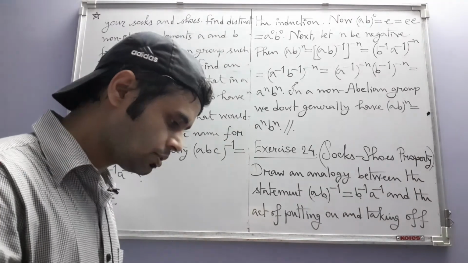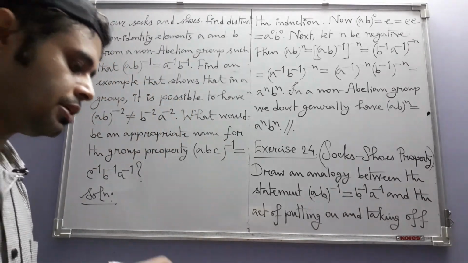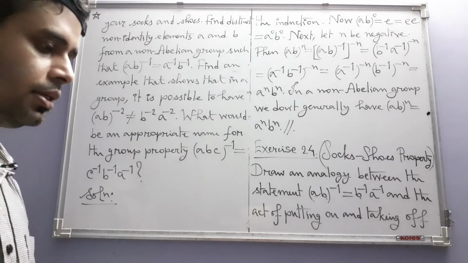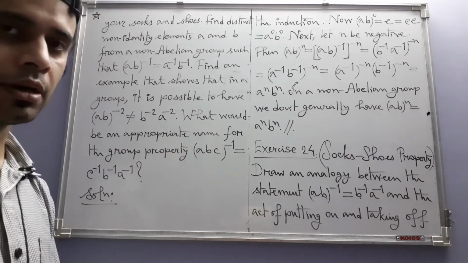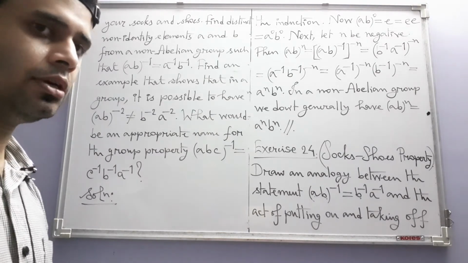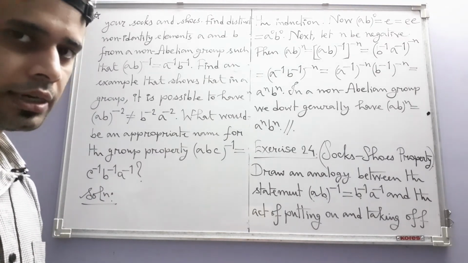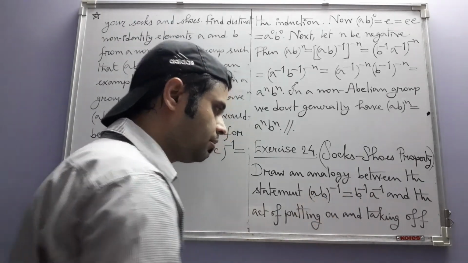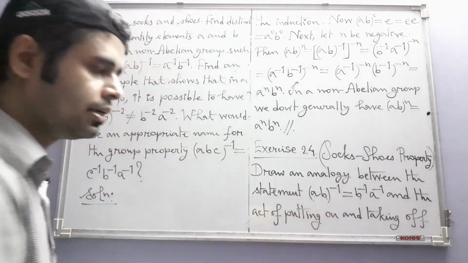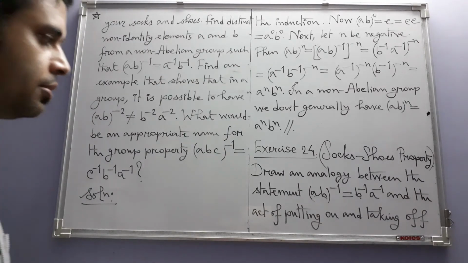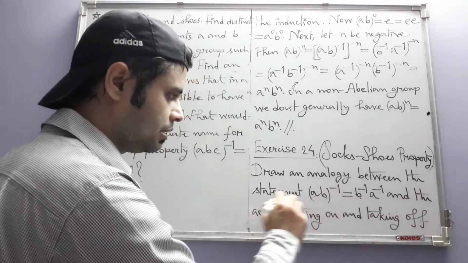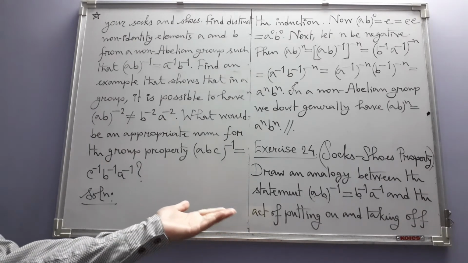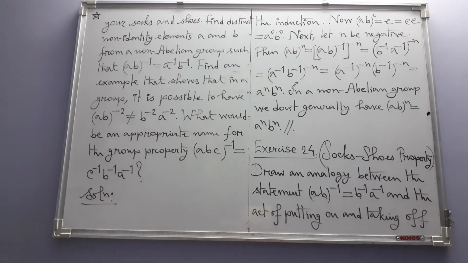That is, if you do something and then do something else on that thing, then to reverse the whole thing, you have to start with the last thing that you have done, reverse that, and then after that you reverse the inner thing. That only will give you the intended result. So that is the analogy between this statement and the act of putting on and taking off shoes and socks.